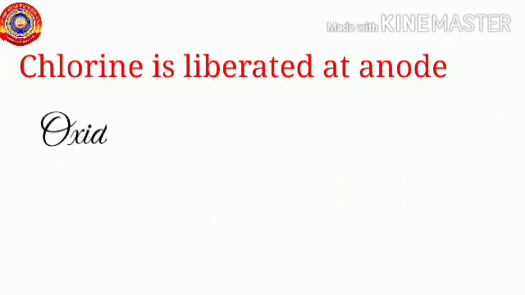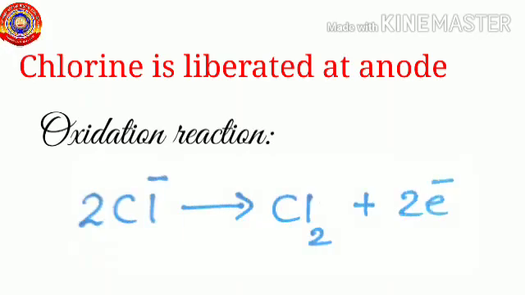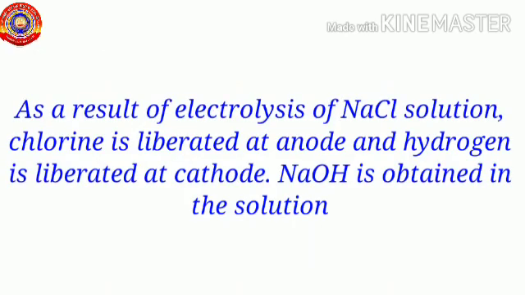The oxidation reaction taking place at the anode can be written as 2Cl- gives Cl2 plus 2 electrons. As a result of electrolysis of NaCl solution, chlorine is obtained at the anode and hydrogen is obtained at the cathode. In the solution, NaOH is obtained.